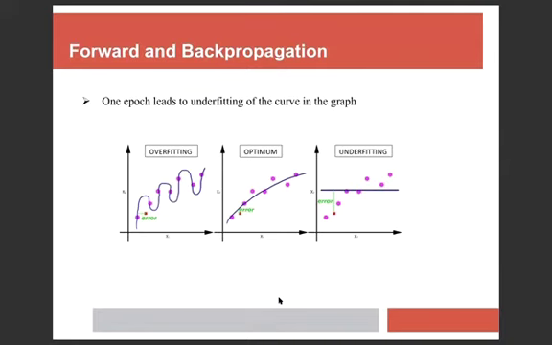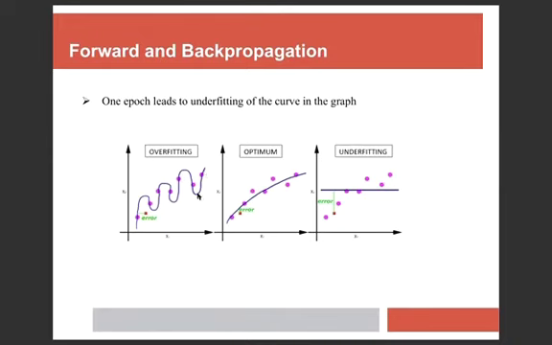And if we pass it only once, it may cause underfitting problems and cannot learn the underlying pattern in this training data set. However, as the number of epochs increases, with more training, the curve may go from underfitting to the optimum and then to overfitting.